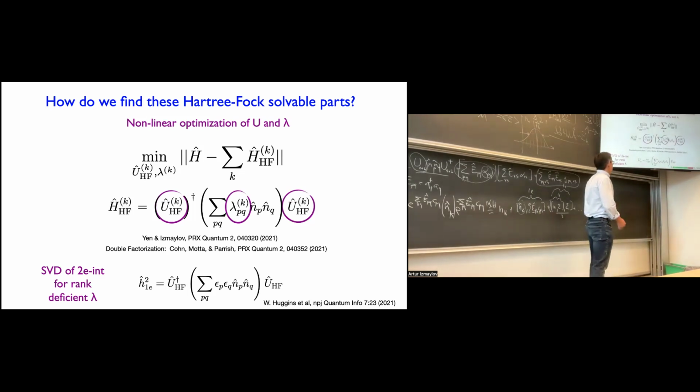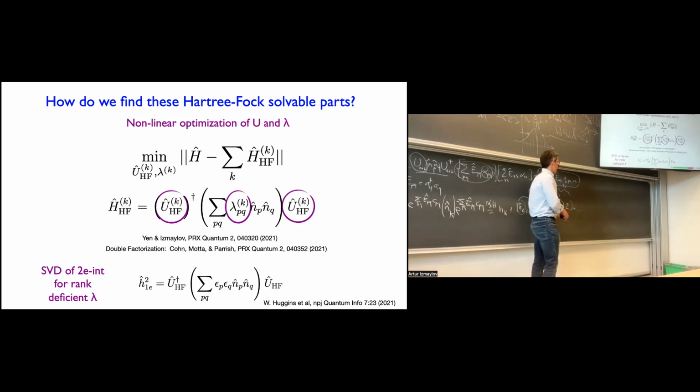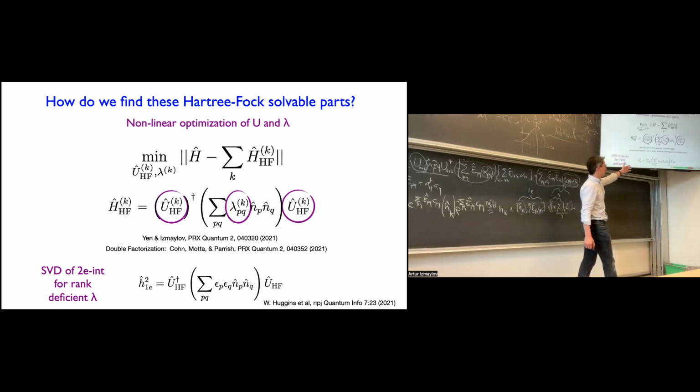But it turns out that this decomposition could be obtained easily by starting with the two electron integrals in the Hamiltonian and just doing either SVD, or since it's a symmetric matrix, if you consider it as a matrix of pq and rs, you could do the kind of diagonalization that actually leads to fragments like this.